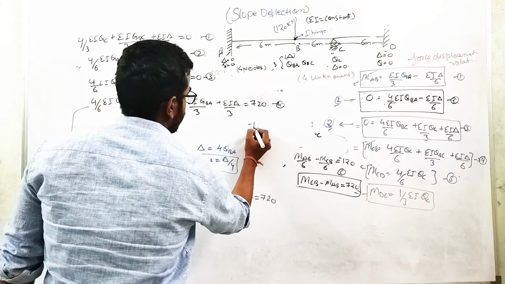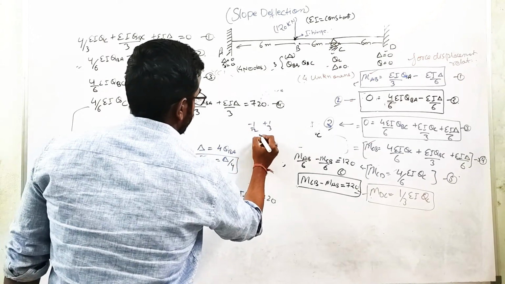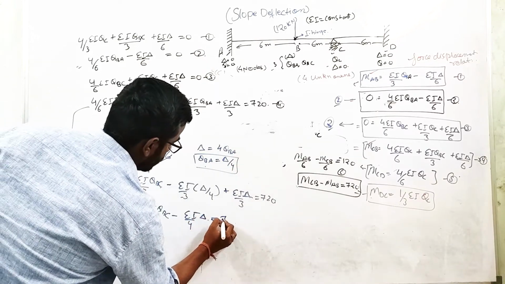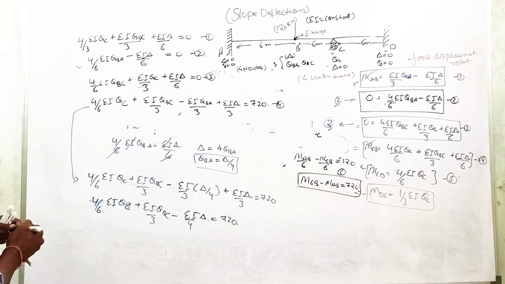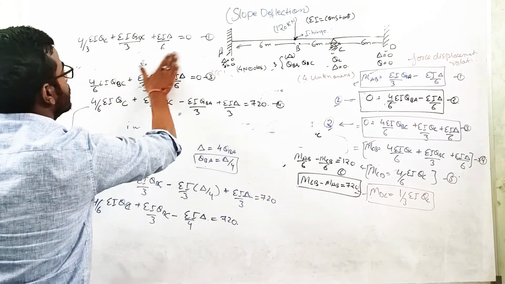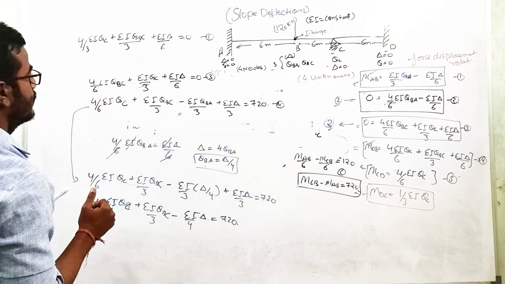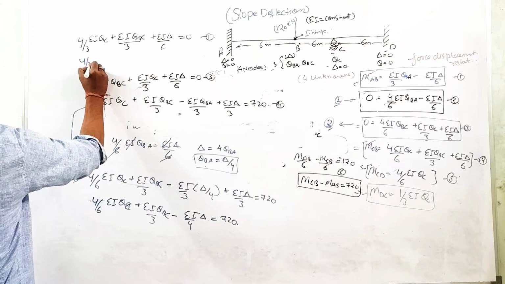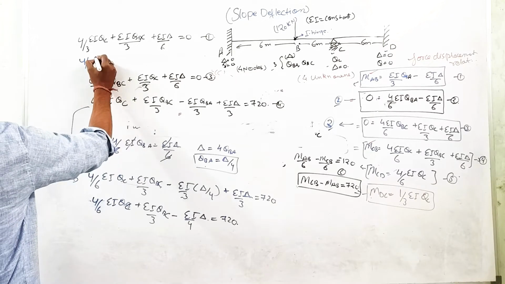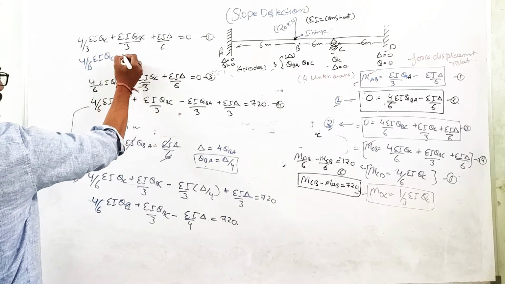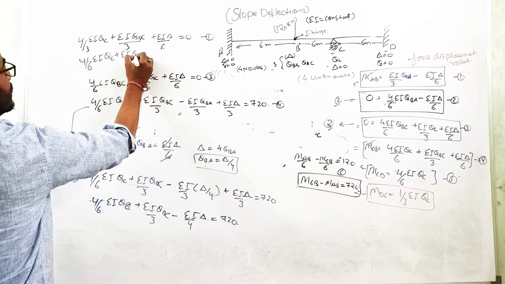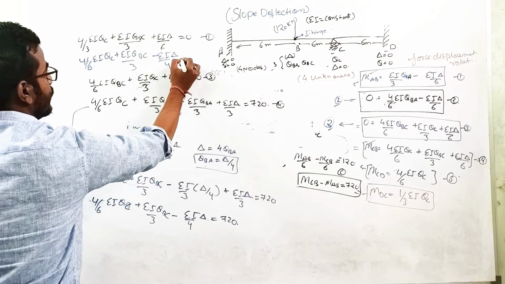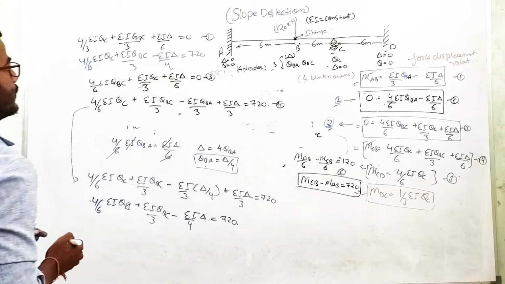This value is nothing but 1 by 12 plus 1 by 3. It's 1 plus 4, so this is nothing but EI delta by 4. This is equal to 720. So I can replace this equation; I don't need this equation now. So this is the equation: 4 by 6 EI theta C plus EI theta BC over 3 minus EI delta by 4 is equal to 720.